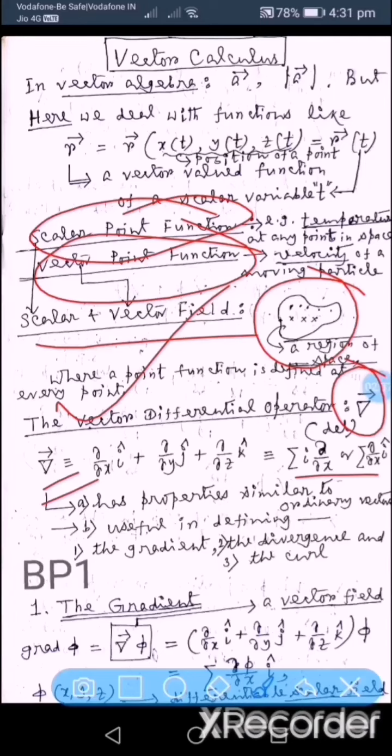This vector operator possesses properties analogous to those of ordinary vectors. It is useful in defining three quantities, namely the gradient, the divergence, and the curl.